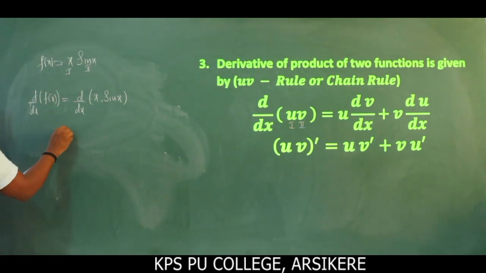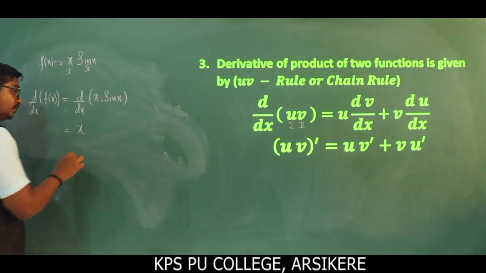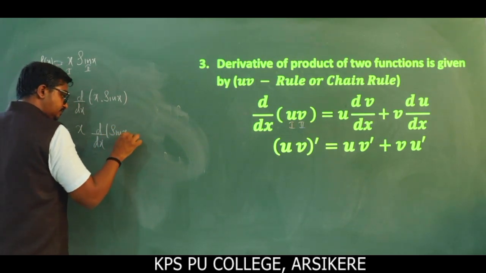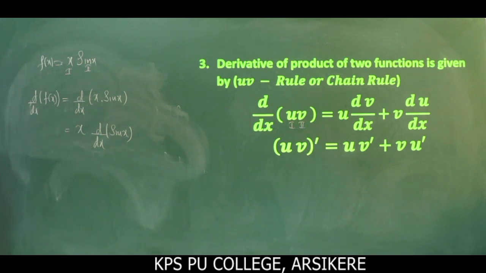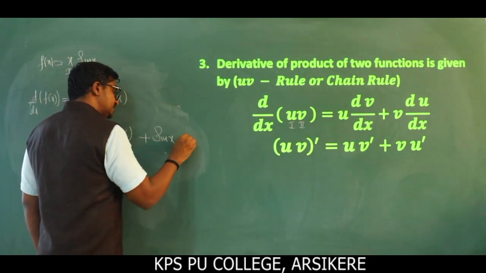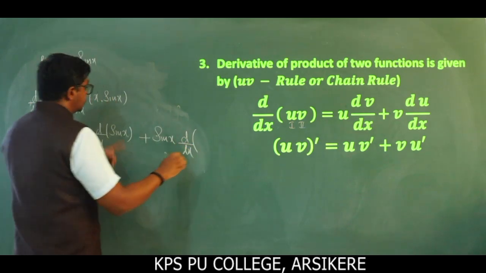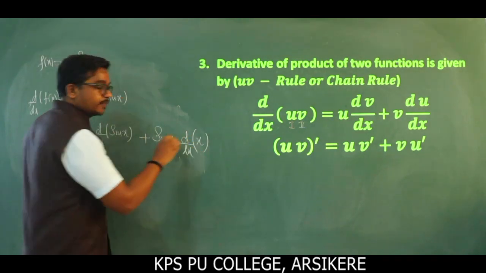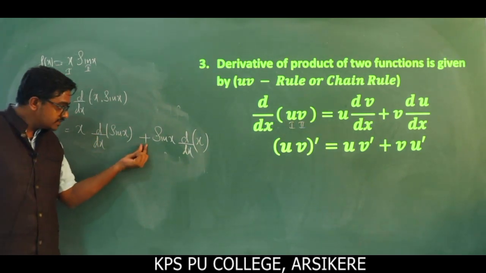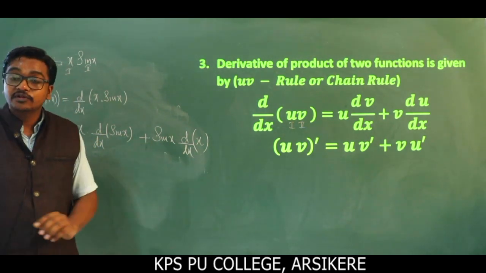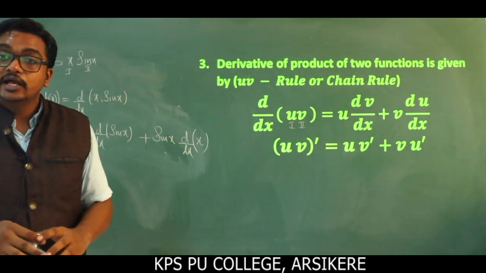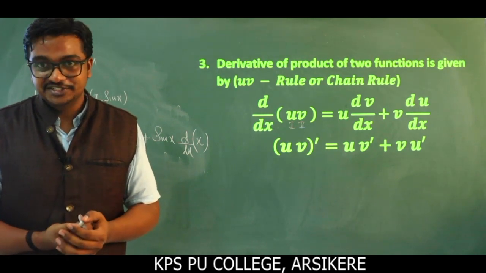Therefore, this becomes first function x into d by dx of sin x plus sin x into d by dx of what? x. It means first function into derivative of the second function plus second function into derivative of the first function. This is the method to find the derivative when they given product of two functions.